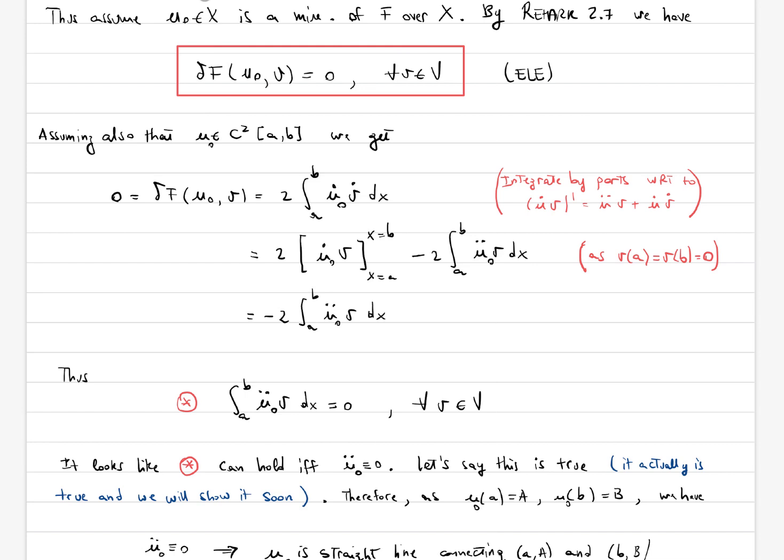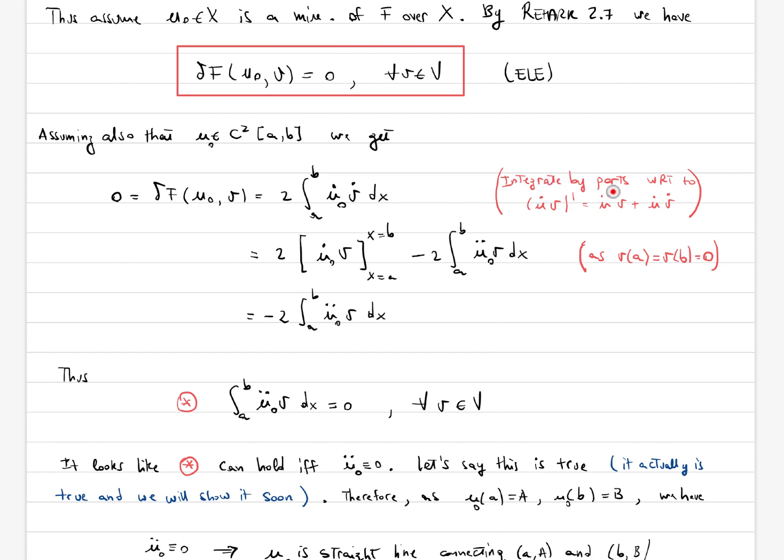Okay, so let's start by assuming that u0 is a minimizer, and then we know by remark 2.7 that the first variation is 0 for all variations v. If we also assume that u0 is C2, so twice continuously differentiable, we can integrate this term here by parts, and I'll write it just one time.